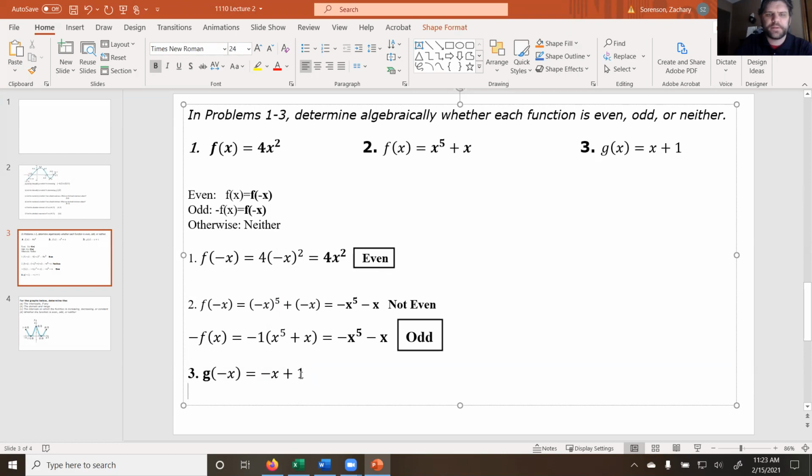Negative g of x: multiply my function by negative 1. Compare it not to my original function, but to the g of negative x. Not the same. So it's not even, it's not odd.